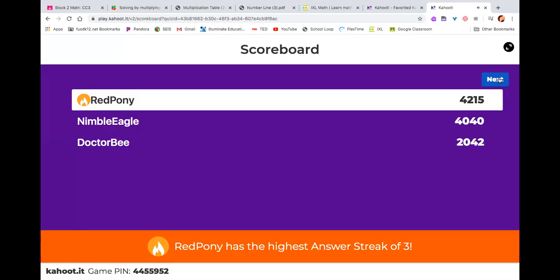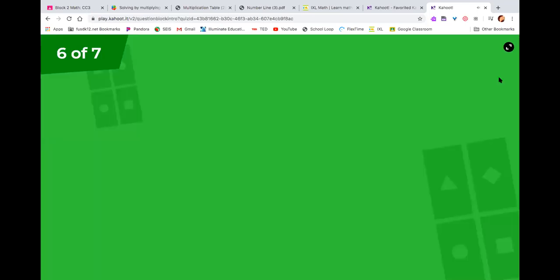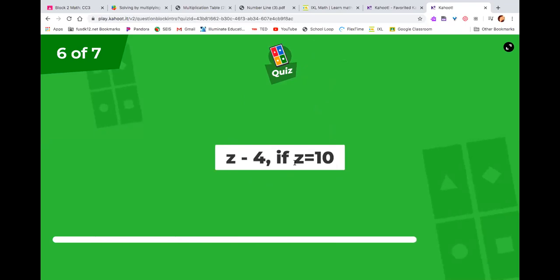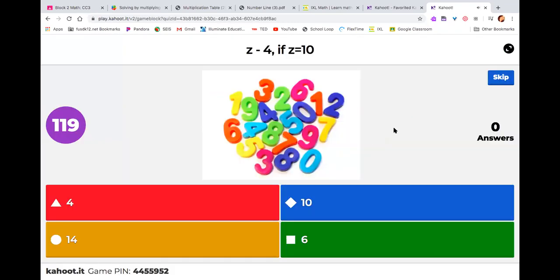Red Pony has the highest answer streak of 3. z minus 4 if z is equal to 10.